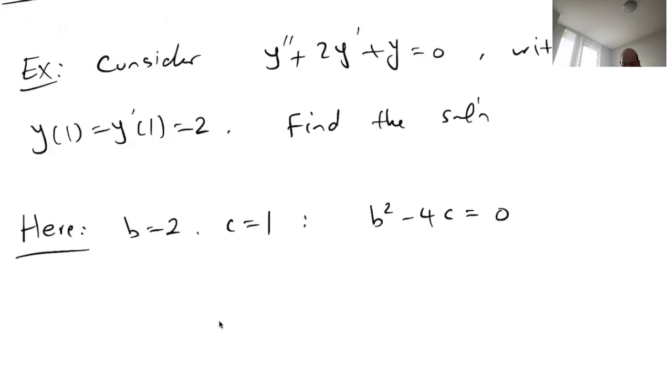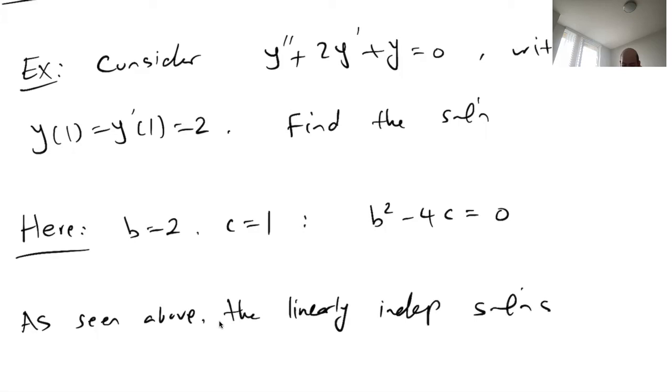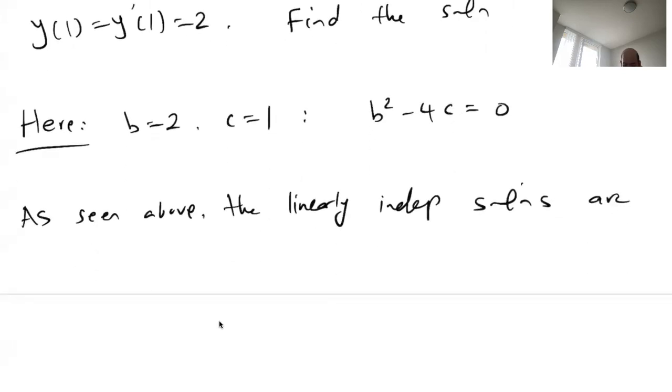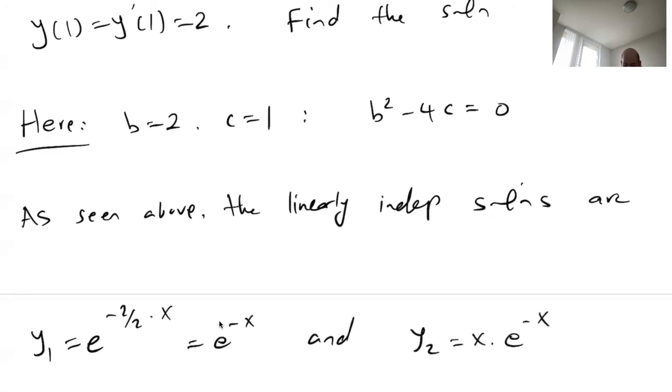And so we are in the case that we just considered. So the linearly independent solutions, as seen above, are y1 equals e to power minus 2 over 2x, which equals e to power minus x, and y2 equals x times e to power minus x.